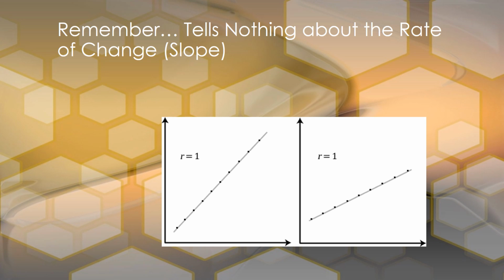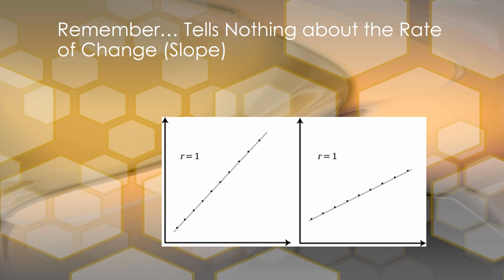But they both have a perfect positive correlation. So the correlation tells you about the consistency of how they move together. Or in other words, you can predict y with 100% accuracy if you know what x is. Or the other way around, if you know what y is, you can predict x with 100% accuracy.